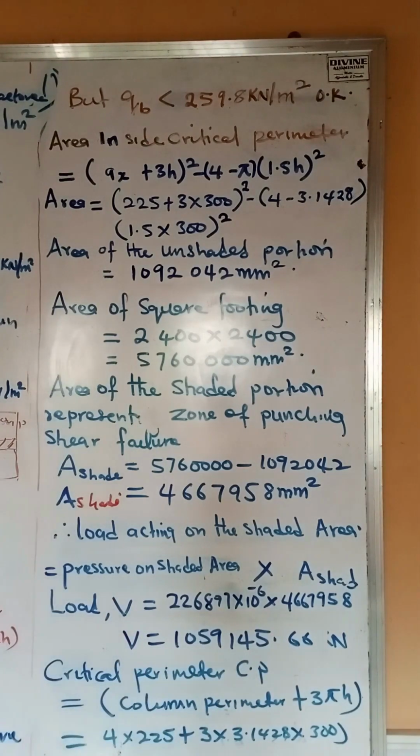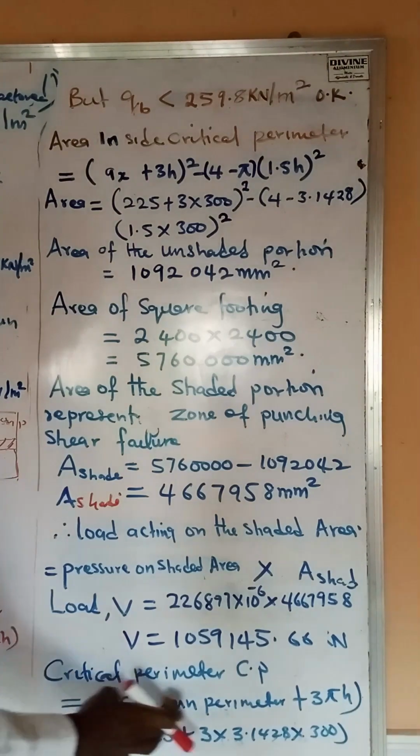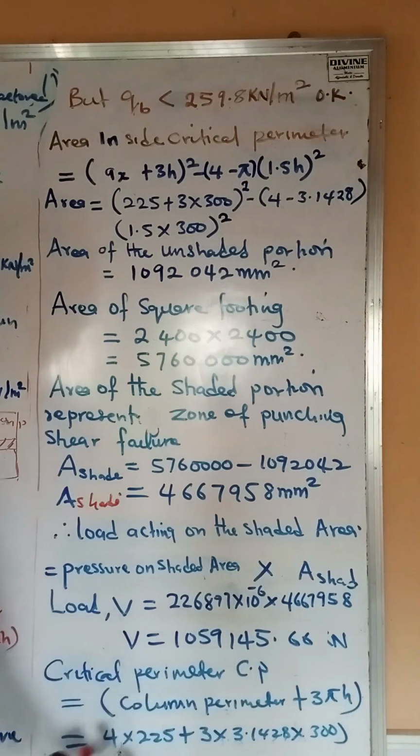All right. Now, having gotten that force, we need to obtain the critical perimeter CP. We know from our derivation also that the critical perimeter is the column perimeter plus 3 pi h. So if we solve that, we are going to have it to be 378.52 mm as the critical perimeter.